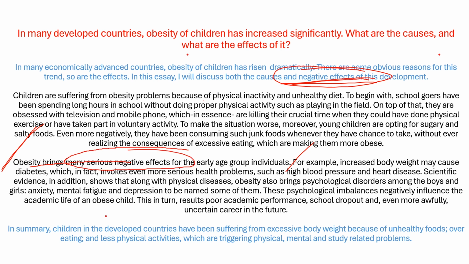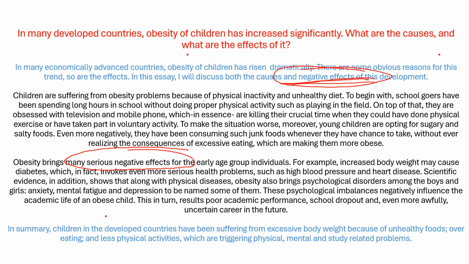The individuals referred to earlier are children. So the writer will try to prove these many serious negative effects, how they happen and what they are, in the supporting details part of the writing.